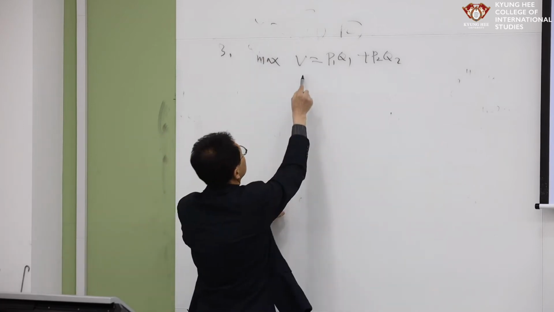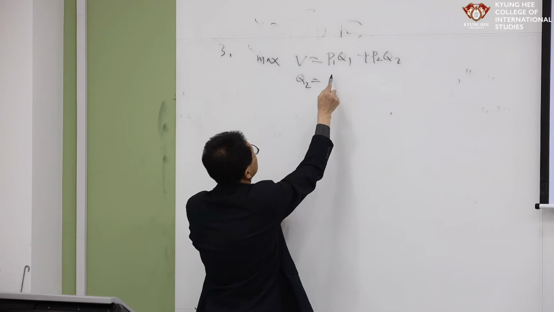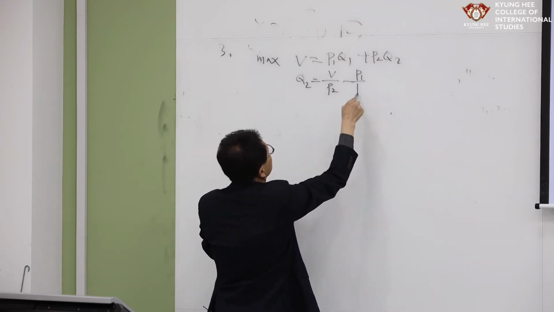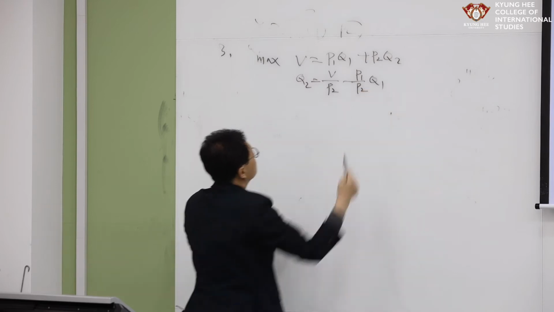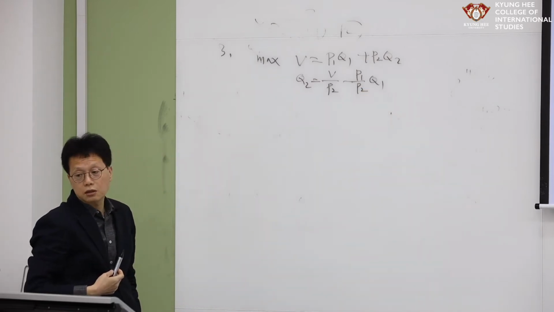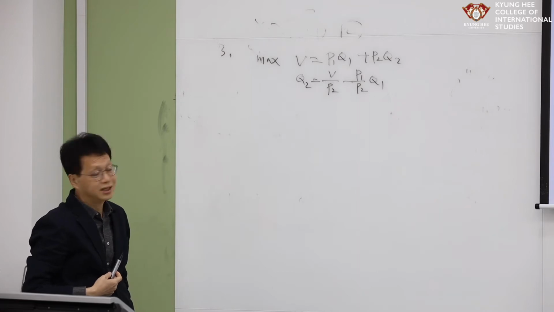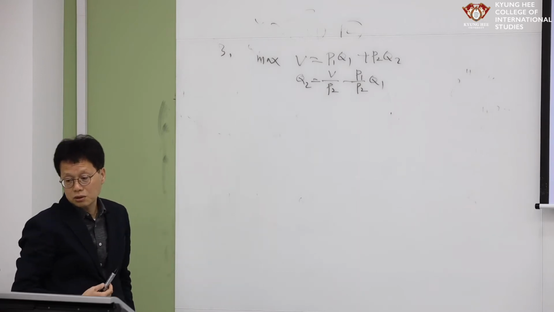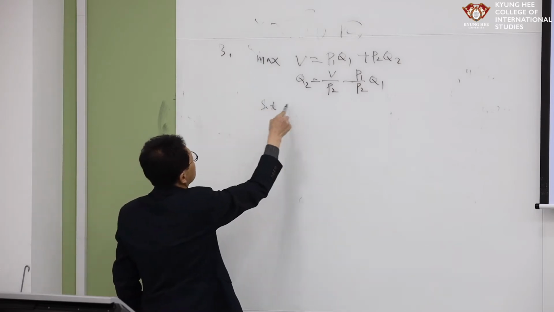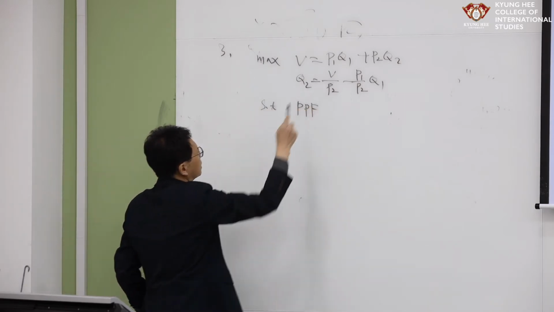Rewriting this, Q2 is equal to V over P2 minus P1 over P2 times Q1, right? That is the iso value line, from section 3.1. It is subject to the PPF, the production possibility frontier.